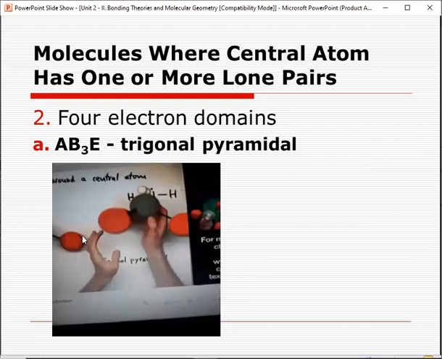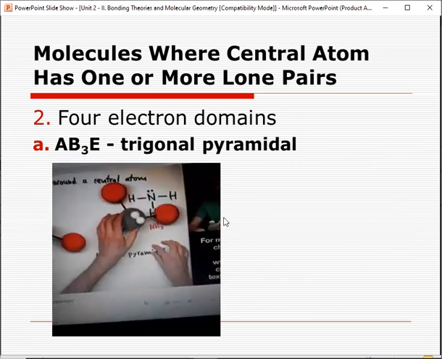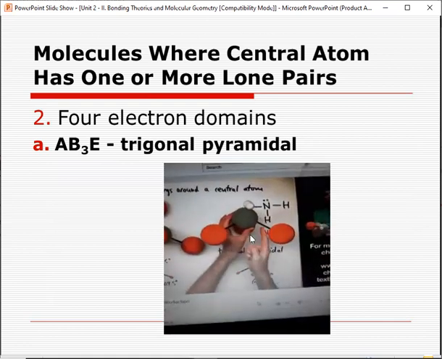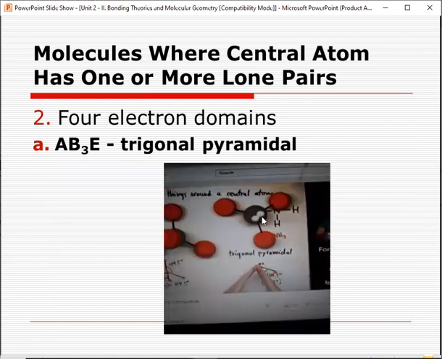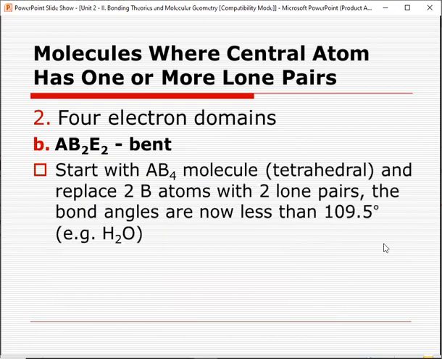So makita ninyo ang naa sa taas na ilisan og lone pair. Okay, so and then ang iyang angle mas less na siya compare sa tetrahedral because of the repulsion of the lone pair. Next is the AB2E2 or iyang geometry is bent.